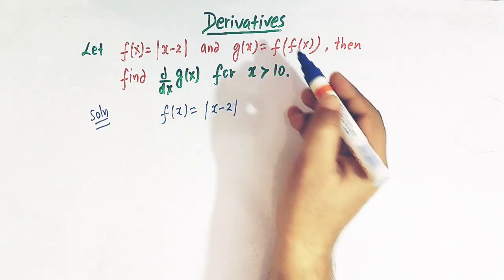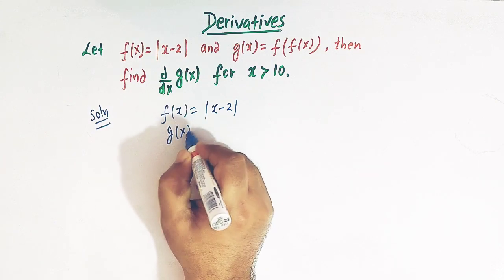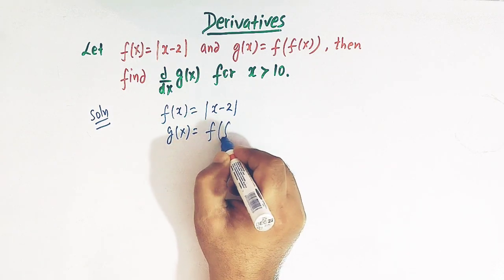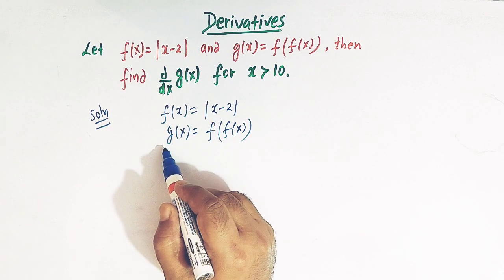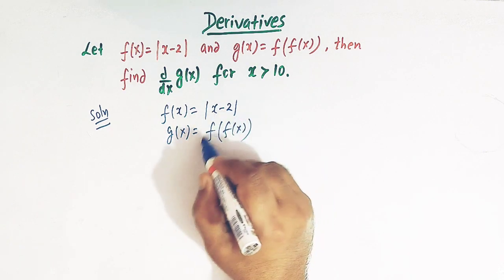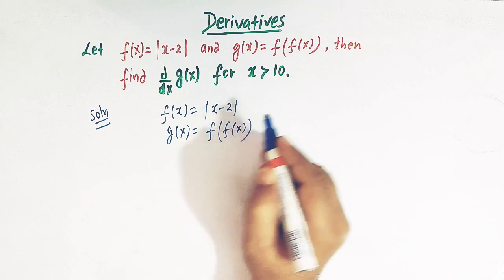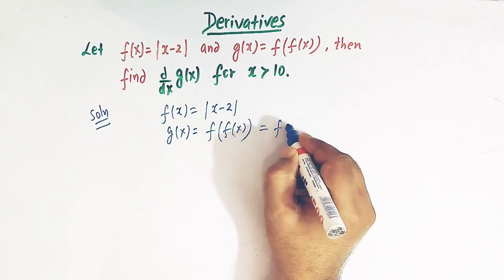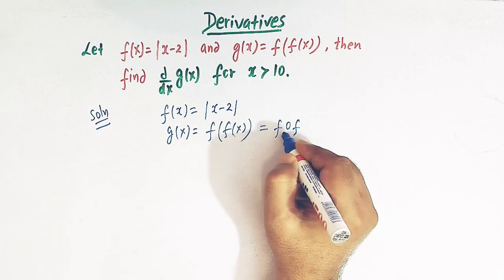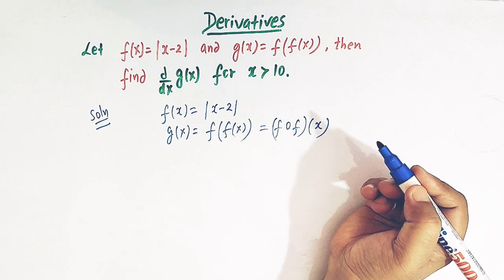And moreover, we are given a second function g of x, which is given as f of x. That is, this function g of x is the composition of f with f itself, right? So f of f can also be written as f composition f, and here we have x, right?